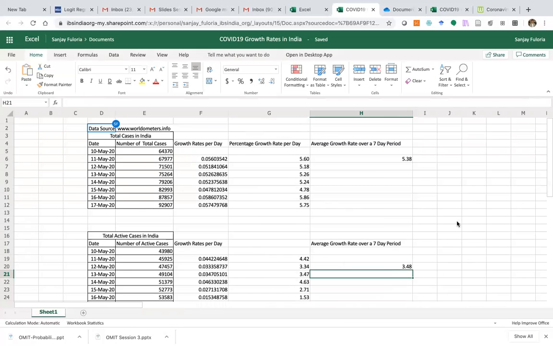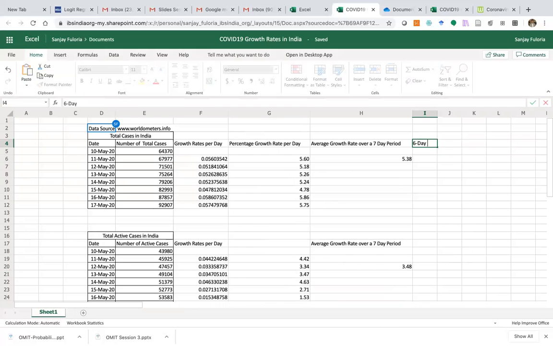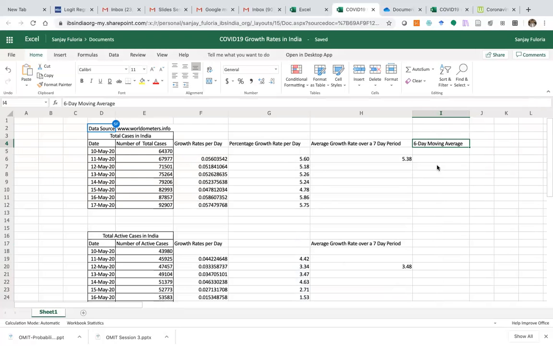Now suppose we want to find a moving average. Okay, so what do we do? Suppose we want to find the 6-day moving average. Let's make it 6-day moving average. So the 6-day moving average is how? Let's take the first 6 days, which is 11th May to 16th May, right?